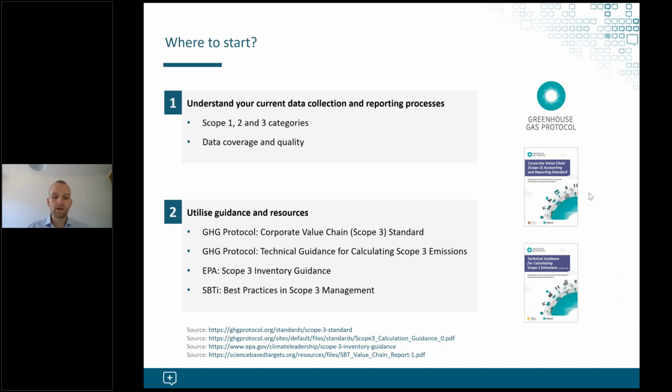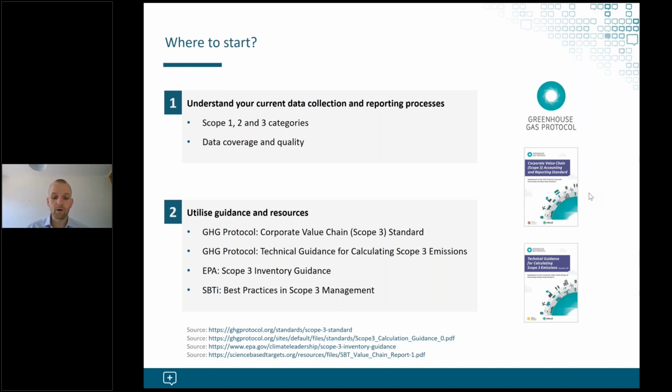The first point here, and this should always be the starting point when it comes to calculating Scope 3 emissions or any emissions, and that's understanding and assessing your current data collection and reporting process. So which Scope 1, 2, and 3 categories are we currently reporting, if any? And you know, Scope 1 and 2, as Louise touched on, has been a main focus area for a long time now, and generally speaking, companies have a fairly good grip on these areas.